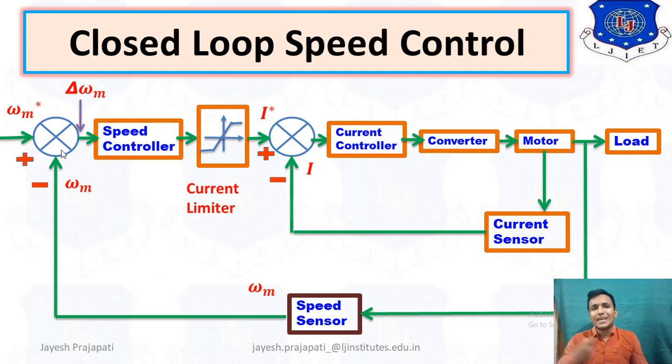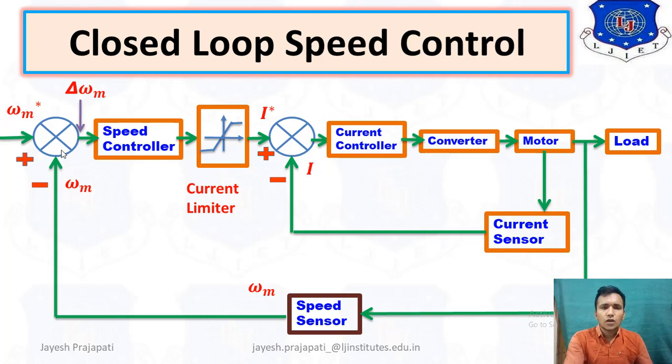Whenever you use MATLAB, if you have to create a closed loop speed control system for your analysis, you have to use a PID controller, with proportional, integral and derivative blocks. If we measure the speed, then we calculate some errors, and when you create the system you also use a PID controller. So that is the block diagram of the closed loop speed control system. You can see in the figure.